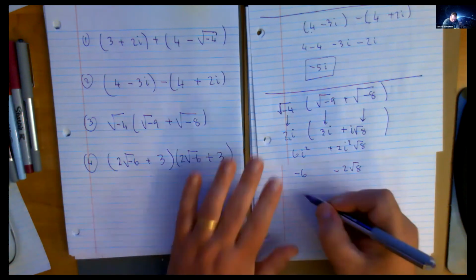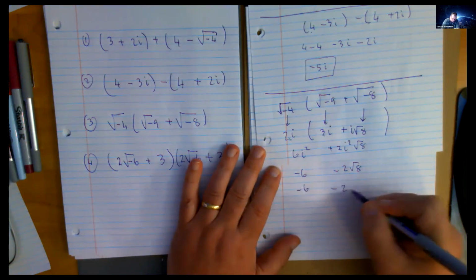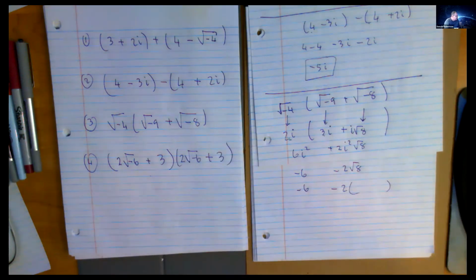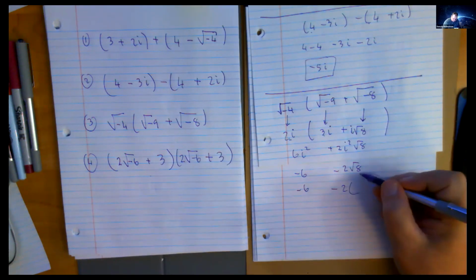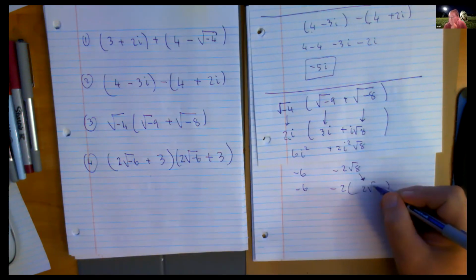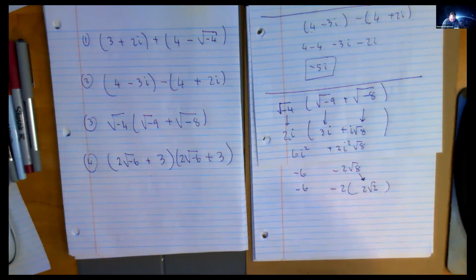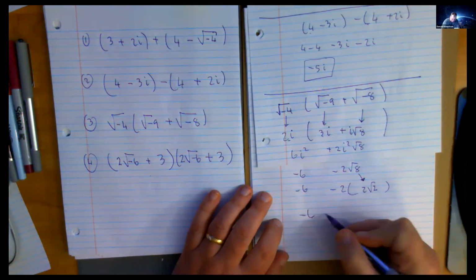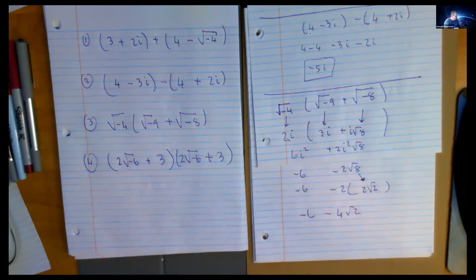Since I didn't do it that way, how will I rewrite the square root of 8 so that I can give the answer in its best form? It does simplify, right? 2 times 4. Yeah. And tidy it up. Agree? You can almost tidy up.